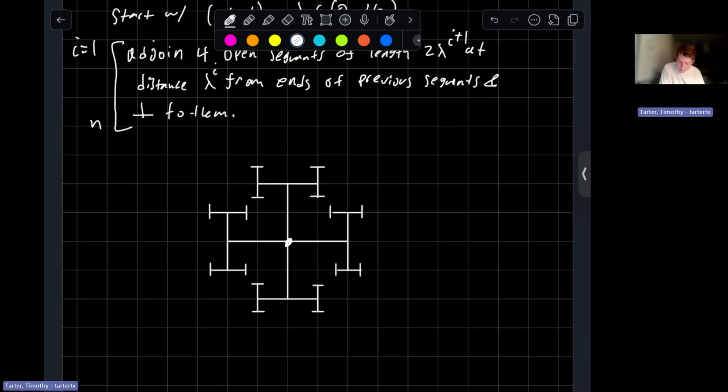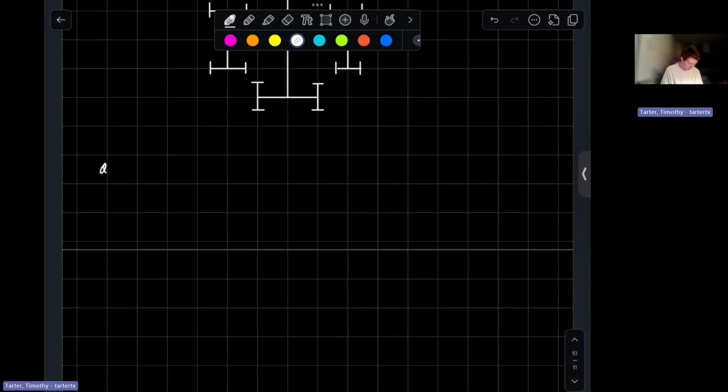The union of these open segments is a graph with the vertices, the intersection points of horizontal and vertical segments, the edges, the subsegments between adjacent vertices. We label all the horizontal edges A oriented to the right and all of the vertical edges B oriented upwards. So all horizontal edges are equal to A with orientation right.